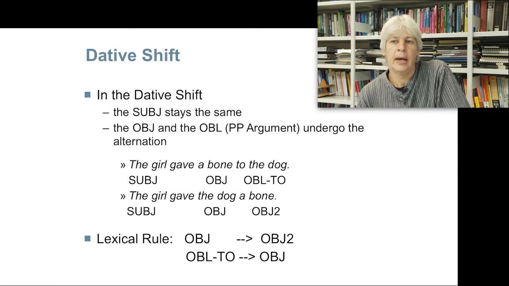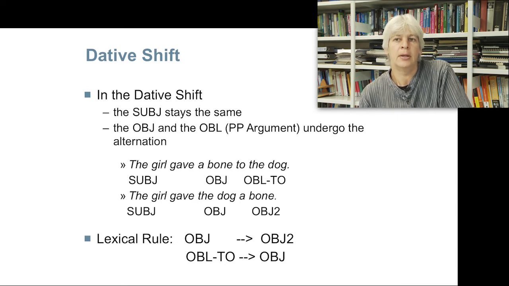So I will show you what the dative shift looks like with an LFG. So in the dative shift, the subject stays the same. It doesn't move, or it doesn't change. The object and the obl, the PP argument, they undergo the alternation. So if you look at these examples, the girl gave a bone to the dog, subject, object, and we'll call this an obl2, just to differentiate it from the obl by.